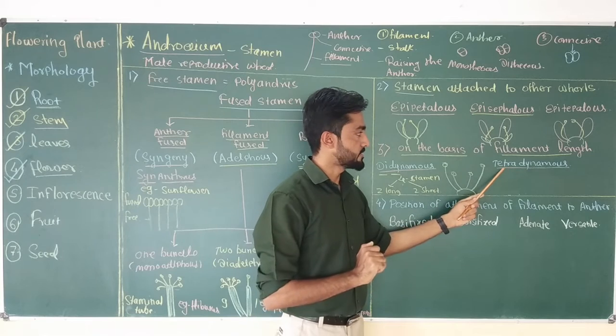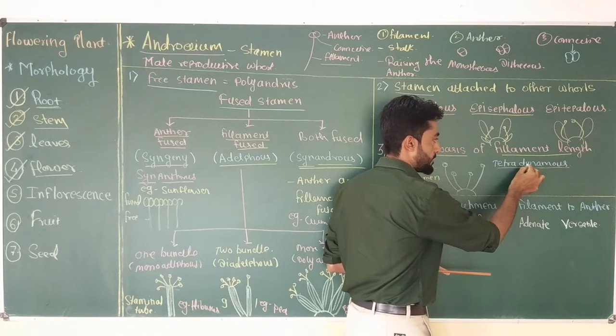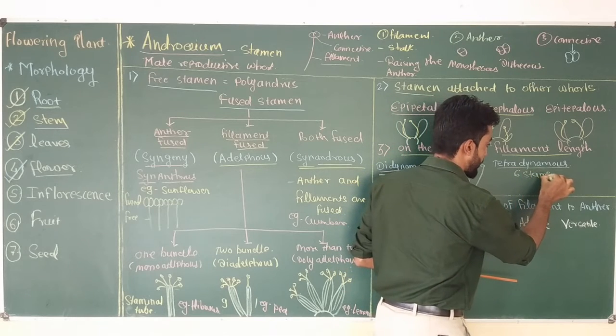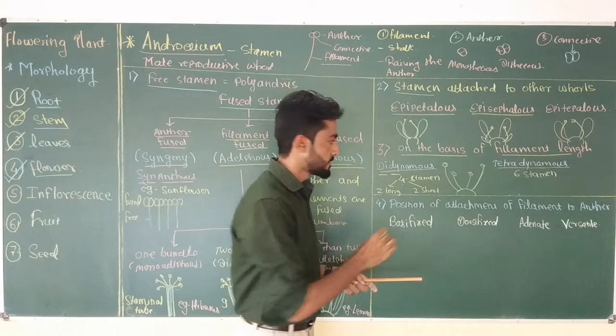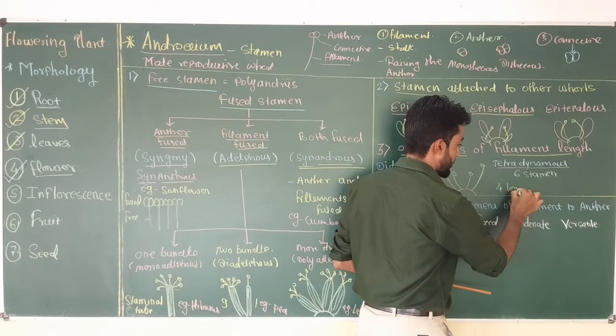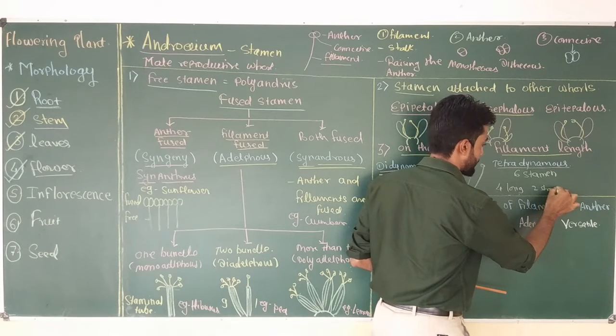Now the next type is tetradynamous. Tetra means 4 and di means 2, so a total of 6 stamens are present in this type of flower, and out of the 6, 4 stamens are long and 2 stamens are short.